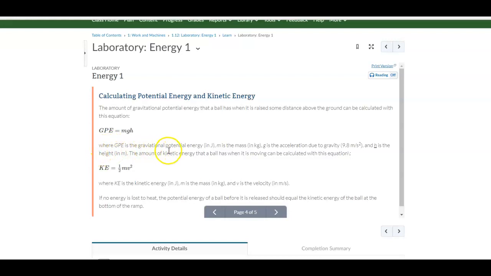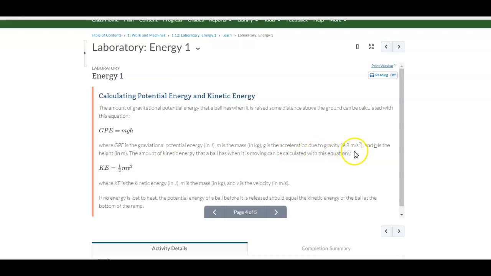GPE is the gravitational potential energy, and it is expressed in joules. Basically you're multiplying these factors together. That's with a capital J. We know that m is the mass of the object. It's always in kilograms. And then g is the acceleration due to gravity. This number is always constant.